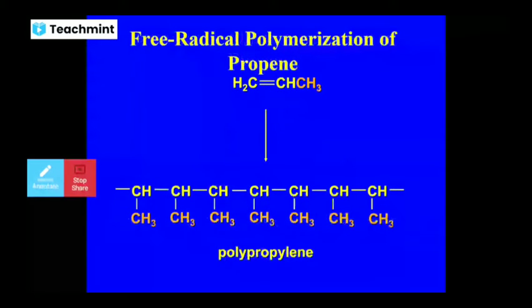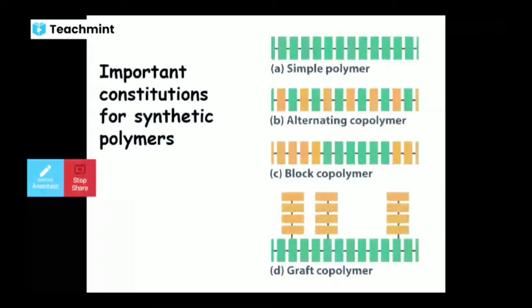Free radical polymerization of propene. When propene is oxidized in the presence of peroxide at 200 degrees Celsius and 2000 atmosphere pressure, it gives polypropylene. Important constituents of synthetic polymers: simple polymer, alternating polymer, block polymer, grafting copolymer.